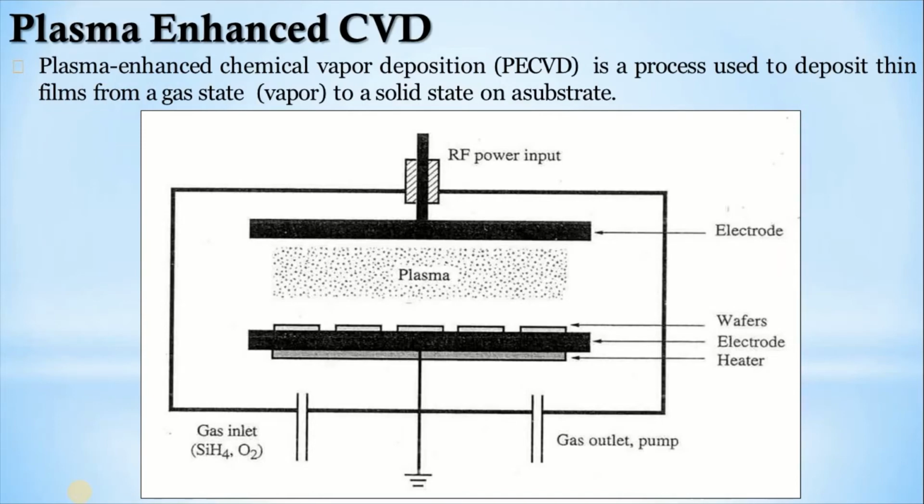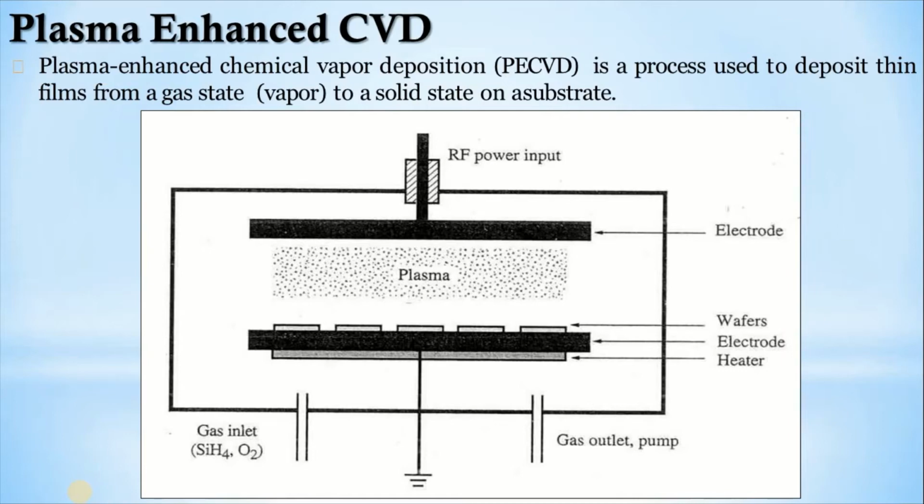Plasma can be used to decompose a molecule that will not be decomposed at a reasonably relevant temperature. It can be used to decompose a thermally unstable molecule but at a much lower temperature.